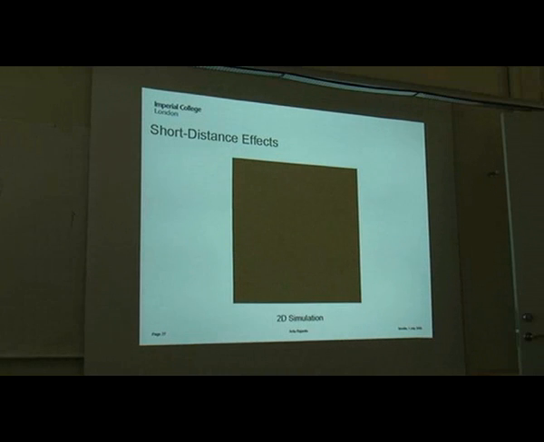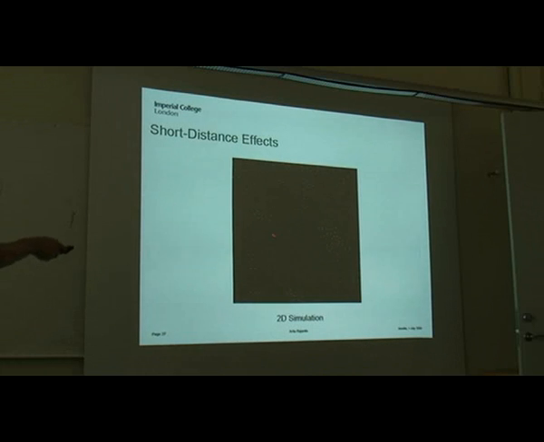Because you remember what the mechanism was: you have this long wavelength magnetic field which freezes out and turns into vortices. So you would expect to have regions where the vortices point one way, and regions where they point the other way. And that's exactly what you get.